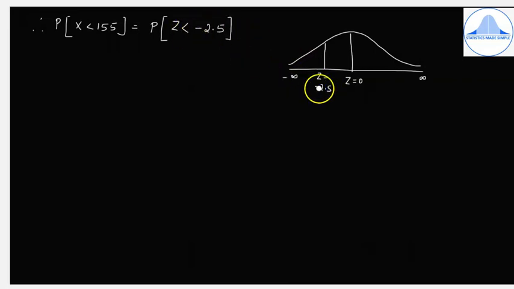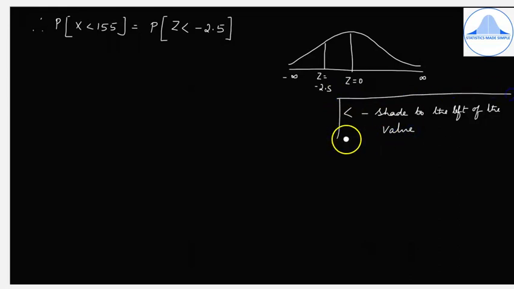Now whenever you have the less than symbol, you have to shade to the left of the value. This is important to remember. So when you have Z less than minus 2.5, it means all the values which are below minus 2.5.